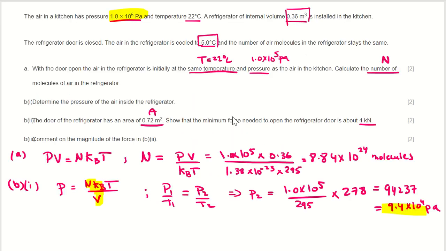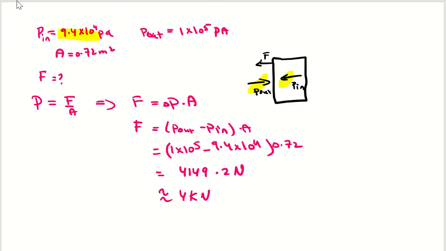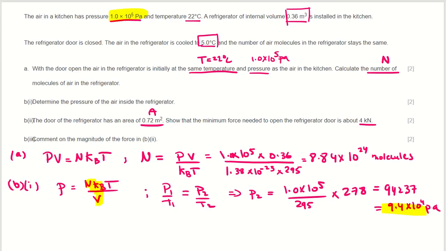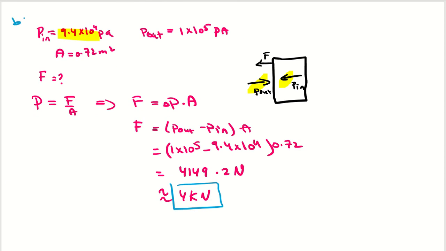Then he said, comment on the magnitude of the force. So if you look at the magnitude here, it's a very huge magnitude. Okay, so this was BII. Now I need to comment in BIII.